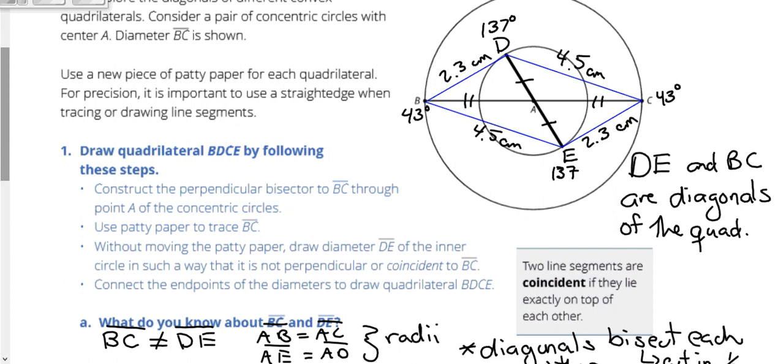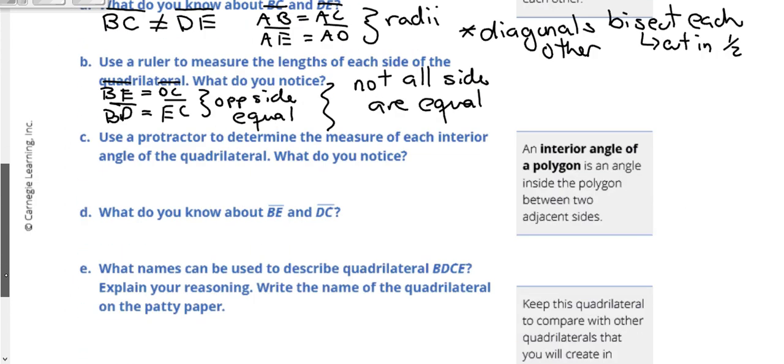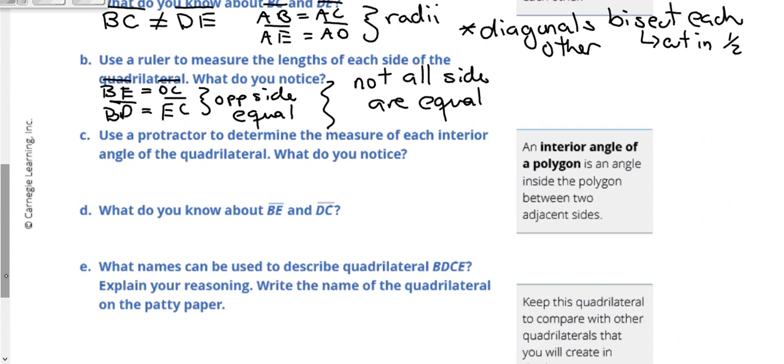Okay. So again, what do we notice? Well, we notice that opposite angles are equal in measure. So we know that angle E is equal to angle D, and we know that angle B is equal to angle C. So opposite angles are equal.